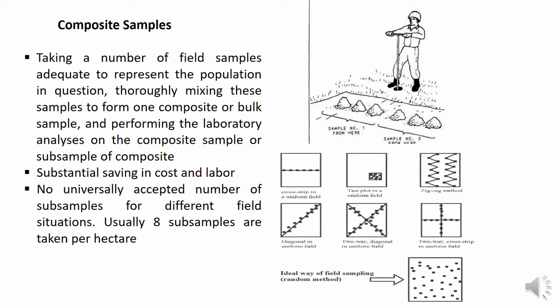Several samples can be collected randomly from the field, and this random sampling method substantially saves cost and labor. There is no universally accepted number of subsamples for different field conditions. As I already mentioned, we normally take 8 subsamples per hectare.